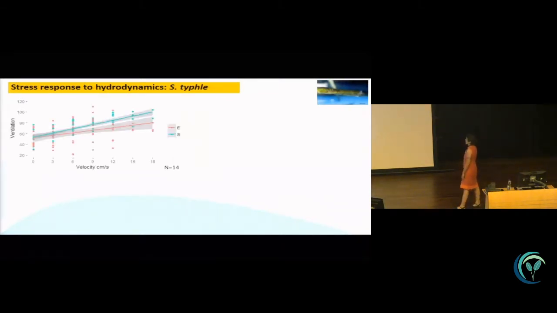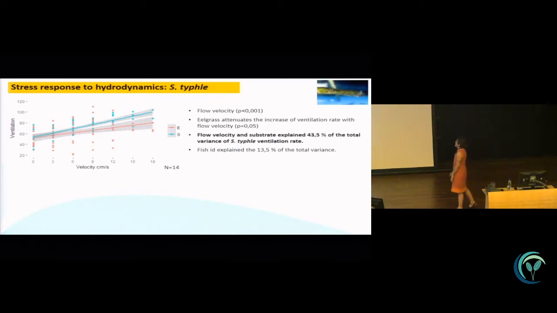So what we found for Syngnathus typhle is that ventilation rate increases with velocity, but it increases less when the substrate was seagrass and not sand. So the interaction between both factors was significant. Flow velocity and substrate explain almost 45% of the total variance.